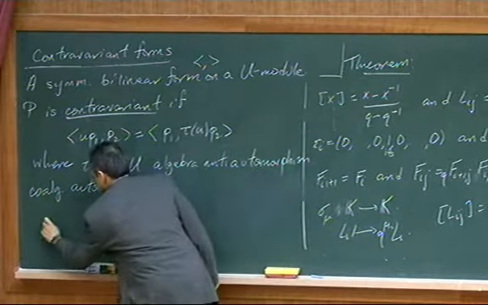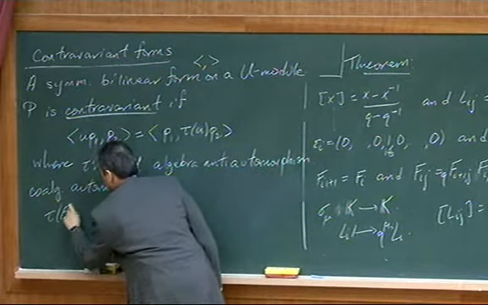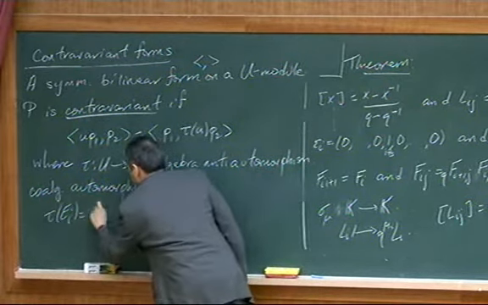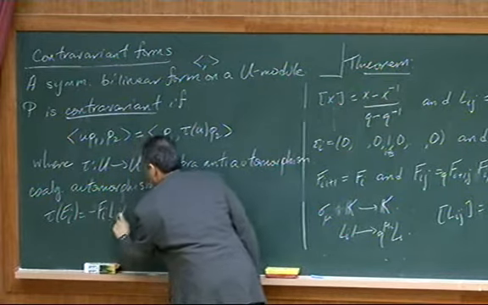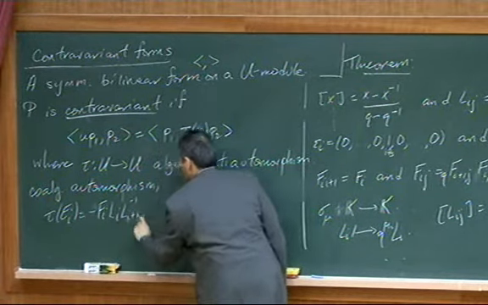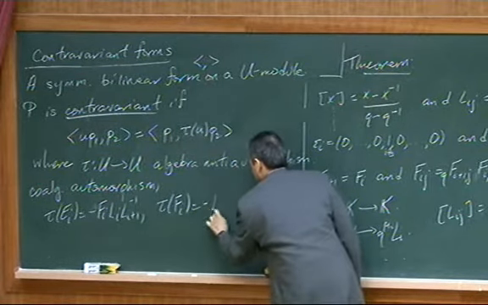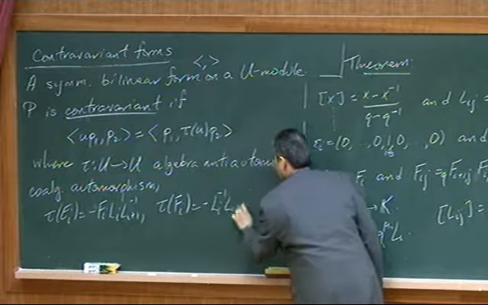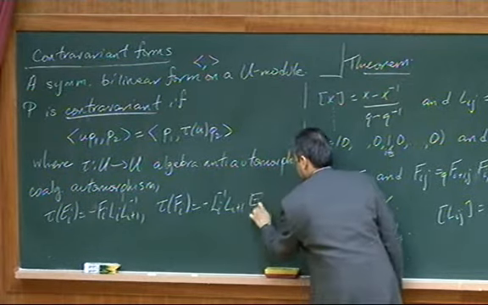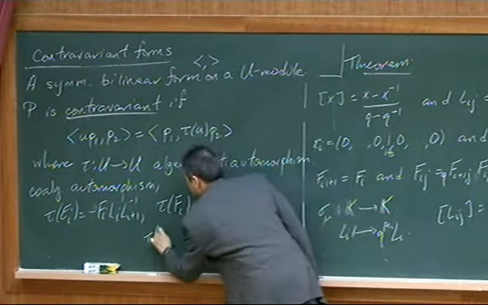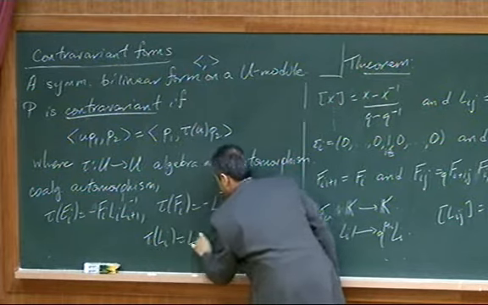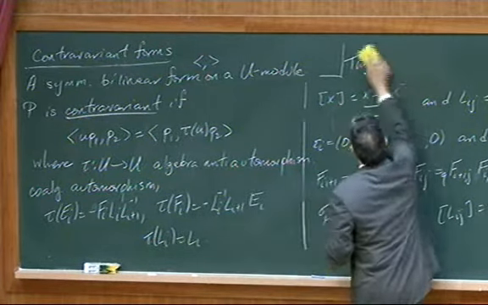So tau of Ei is minus Fi Li Li plus 1 inverse, and tau of Fi is minus Li inverse Li plus 1 Ei, and tau of Li is Li. I think those are right.